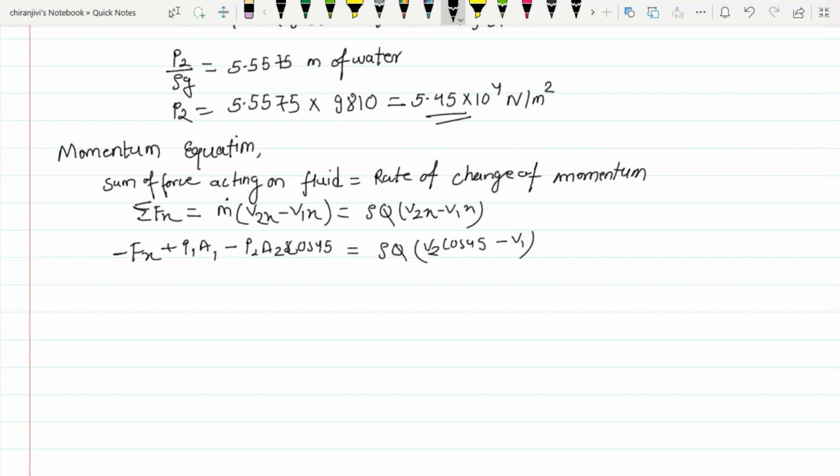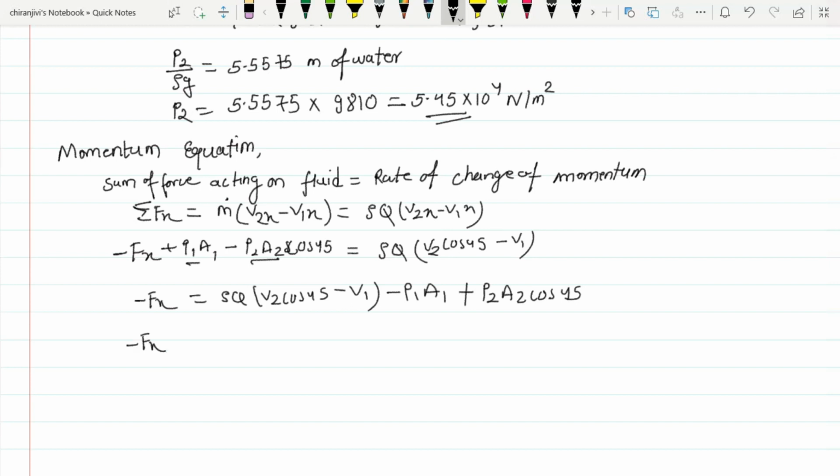Now we have to put the values, and minus Fx. Let me take this on the right side, which is equal to rho Q (v2 cos 45 minus v1) minus P1 A1 plus P2 A2 cos 45.